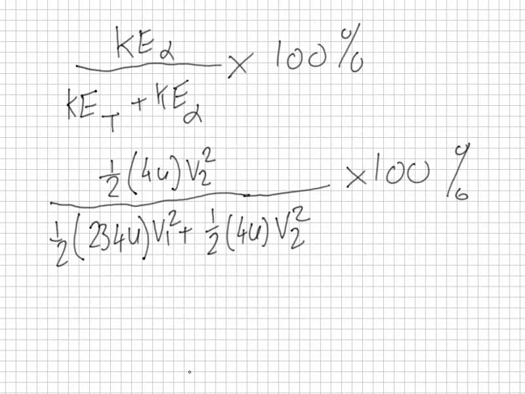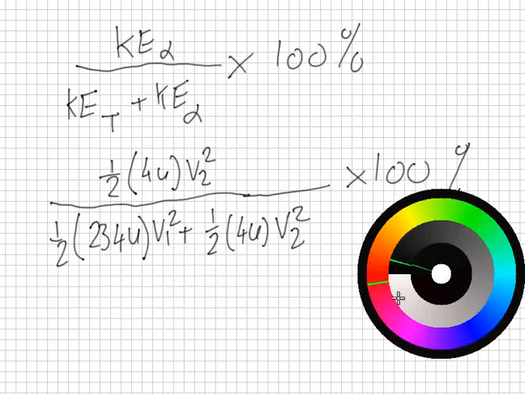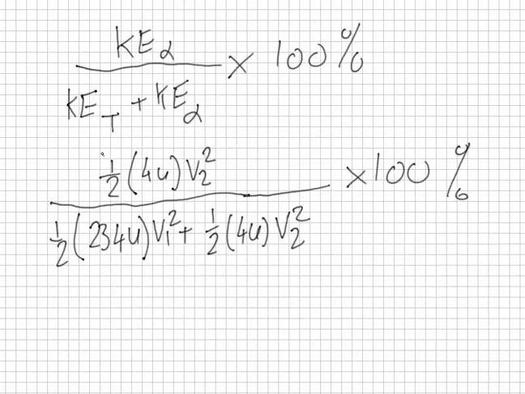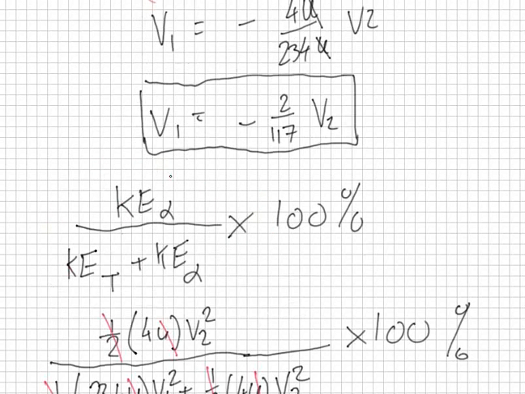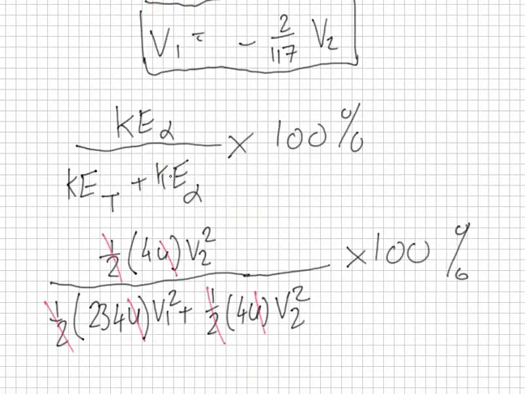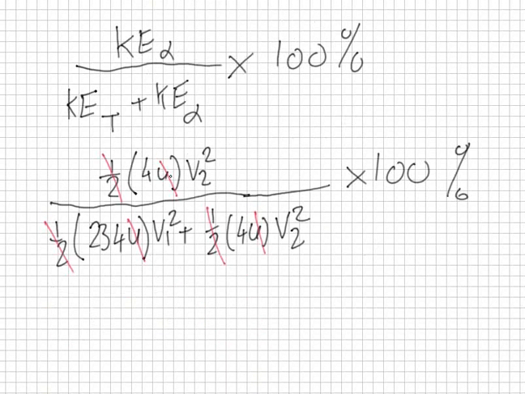Now, something cancels here. What cancels? The halves, firstly. What else? The U's. So you're left with this. But you have this formula, v1 equals minus 2 over 117 v2. So you can write this as 4 v2 squared.